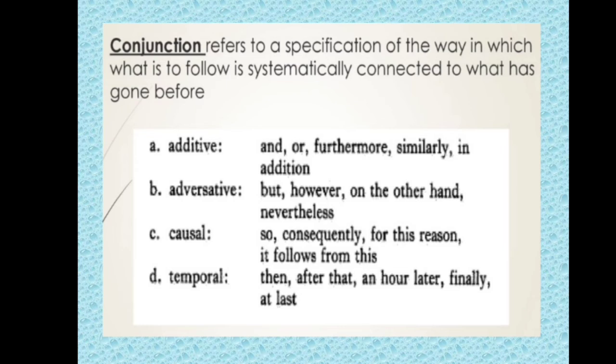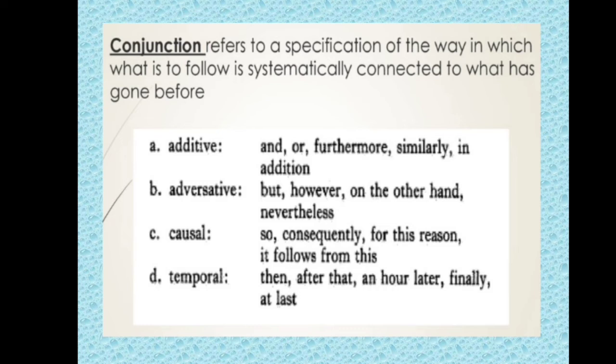Next, conjunction. Conjunction refers to a specification of the way in which what is to follow is systematically connected to what has gone before. The first one is additive. It is and, or, furthermore, similarly, in addition. And the second one is adversative.